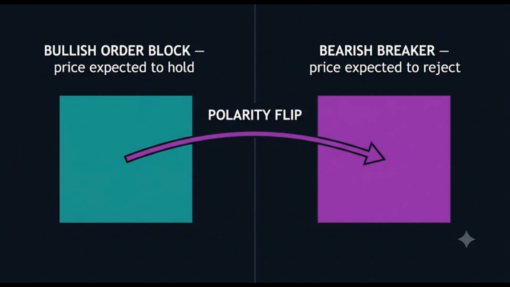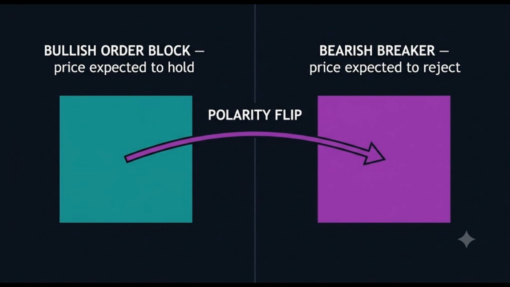A breaker block is an order block that has been violated and flipped. When price breaks through an order block rather than respecting it, that OB transforms into a breaker block with opposing polarity. A bullish order block, where you expected price to bounce higher, becomes a bearish breaker when it is broken.